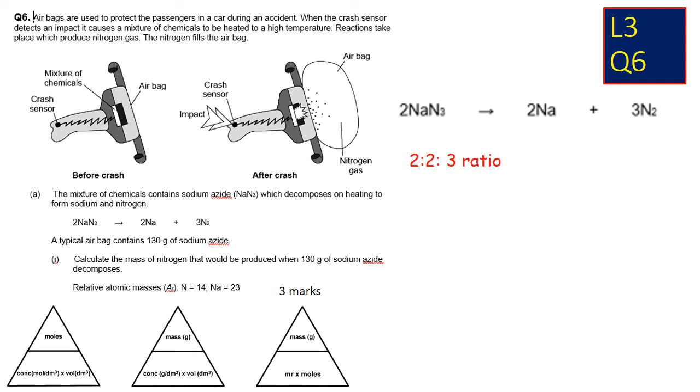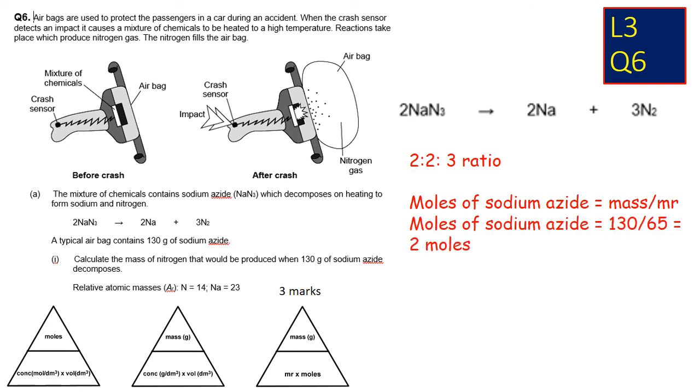Looking at this equation, I can see we've got a ratio of 2 to 2 to 3. So if I had 2 moles of sodium azide, I would produce 3 moles of nitrogen, and that's going to be useful later on. First I need to work out how many moles I have of sodium azide. That's mass divided by Mr, so 130 divided by 65 equals 2.